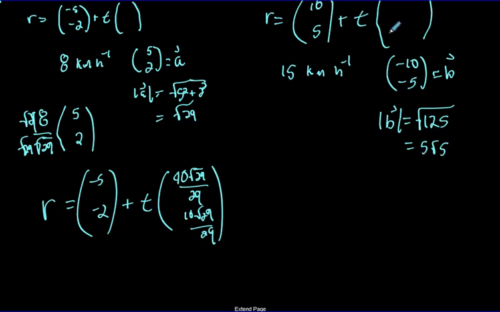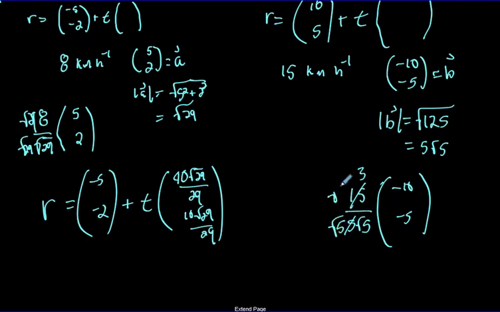To find that vector, I would take 1 over this scalar to make it a unit vector, then scale it up to 15 kilometers per hour, so I have 15 over 5 root 5 times the direction I'm going, which is -10, -5. I can see that 5 goes into 15 3 times, but if I rationalize the denominator, it's going to end up being a little bit more room.